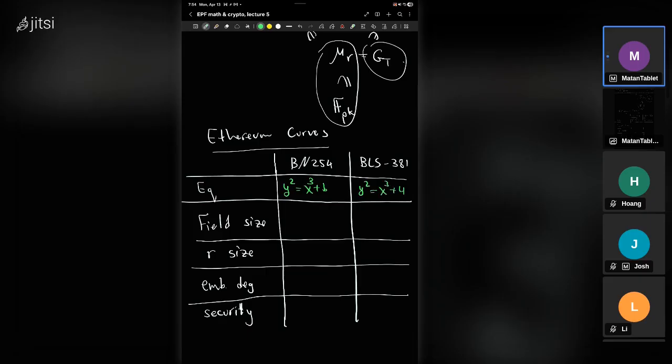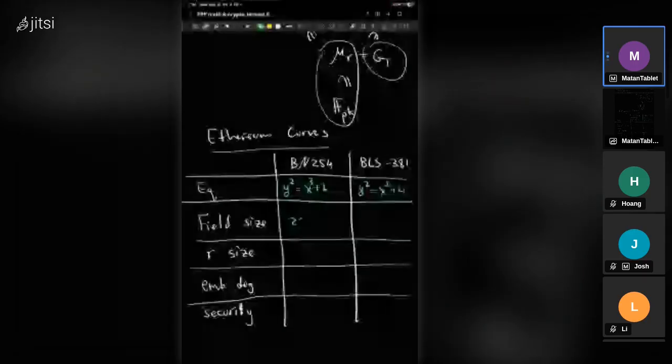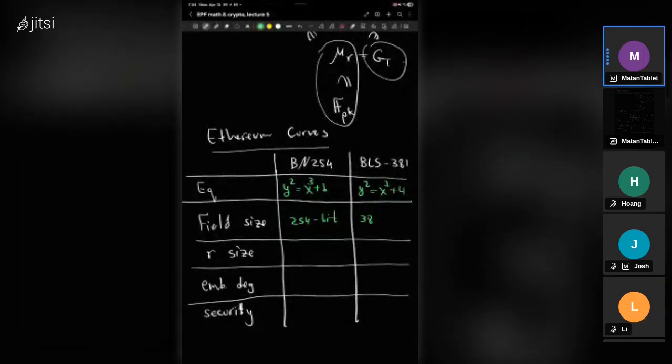This is going to be valid in a very, very large family of fields. But the field size you choose in the first case is a 254-bit prime field. And in the second case, you choose a prime field of size 381 bits.